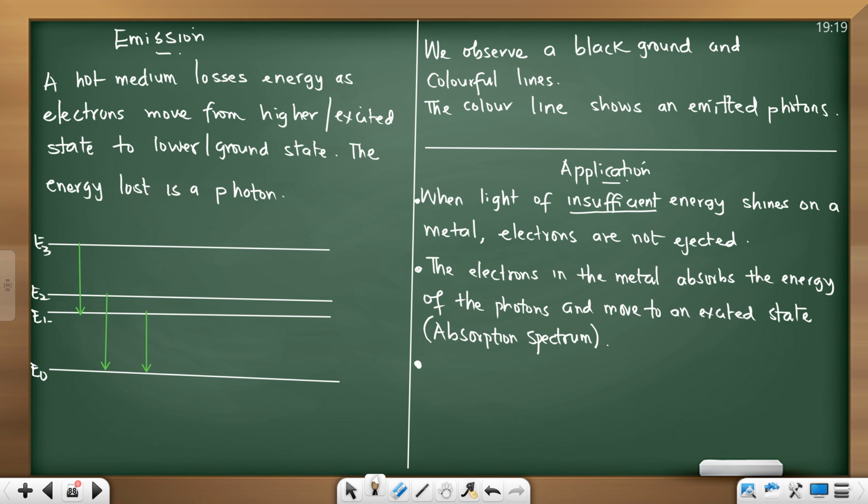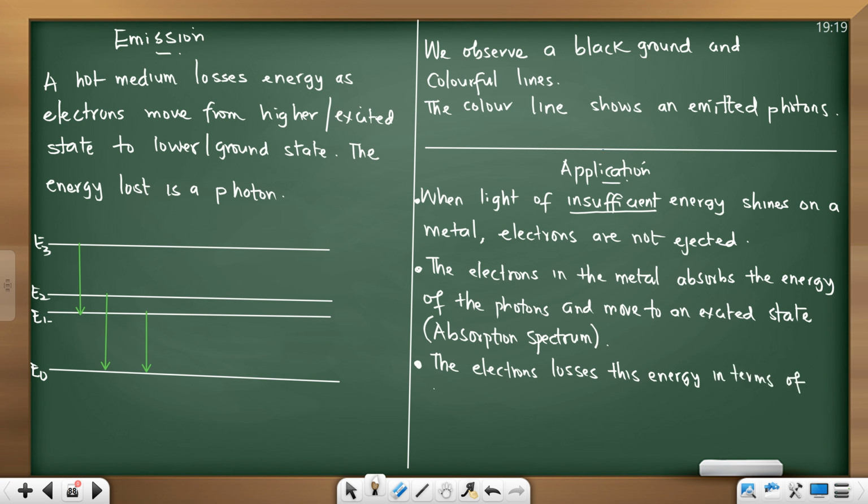All right. The electrons in the metal absorb. But remember, no electrons are ejected because of insufficient what? Energy. Now, what happens? The electrons lose this energy in terms of photons.